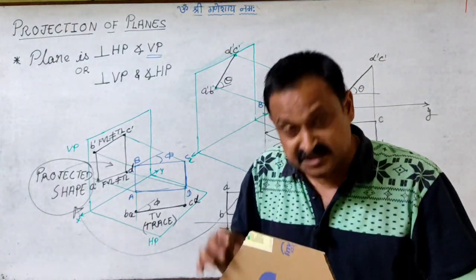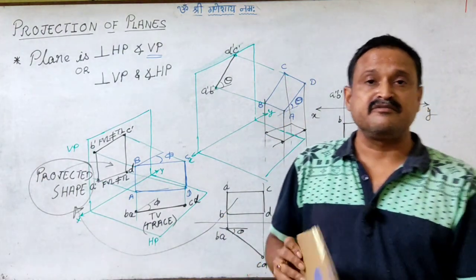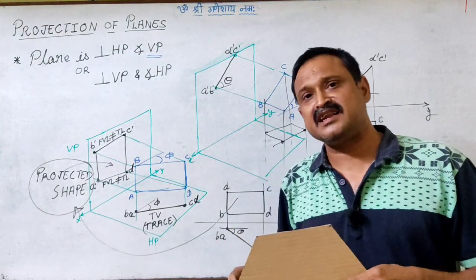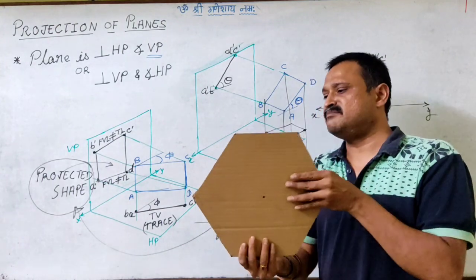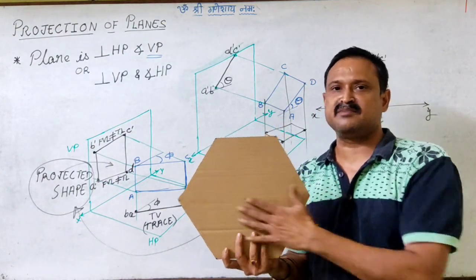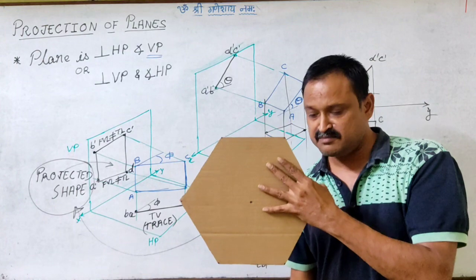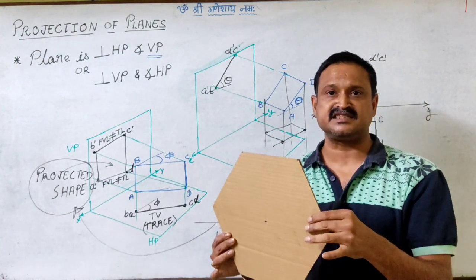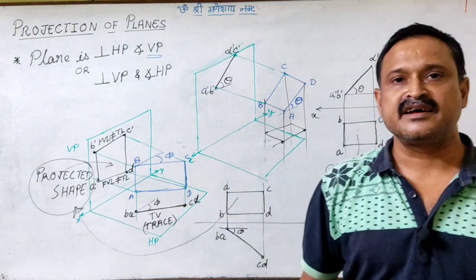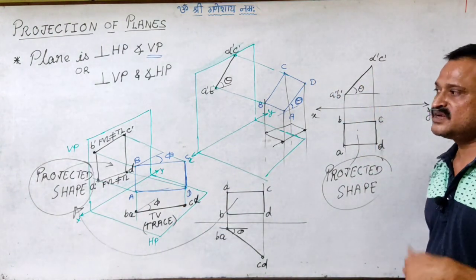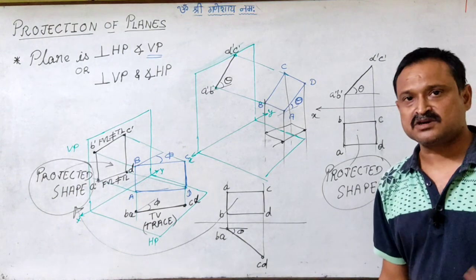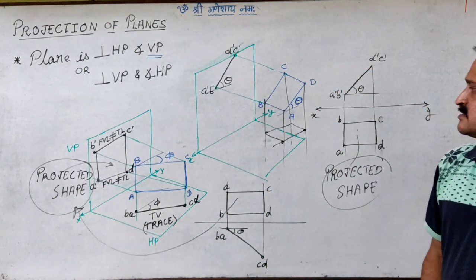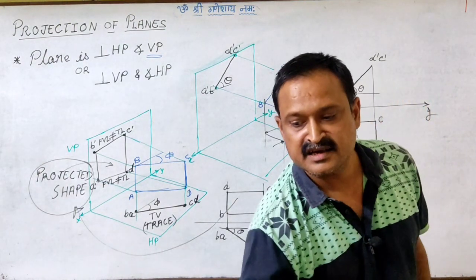Then only I am able to see phi, because phi can be seen in the top view only, right? So how can I ensure that? In the first step, I make it parallel to VP so that I am able to see the true shape. Then I will be able to see the trace, and then I will give the trace inclination, and I will get the required image. So we will see how we can solve a problem with the help of these conditions. So that is all in this session.